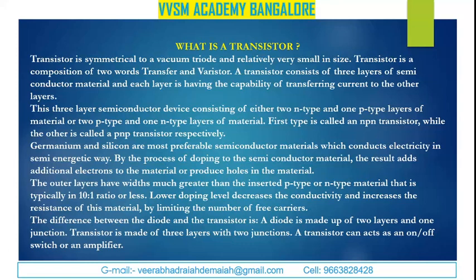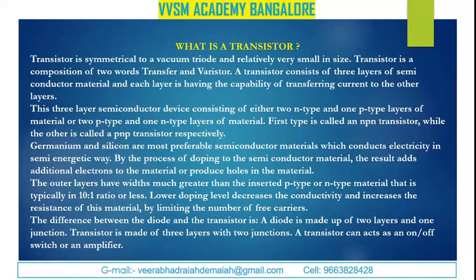This three-layered semiconductor device consists of either two N-type layers and one P-type layer, or two P-type layers and one N-type layer. The first type is called an NPN transistor, while the other is called a PNP transistor, as I told you in the previous slide.